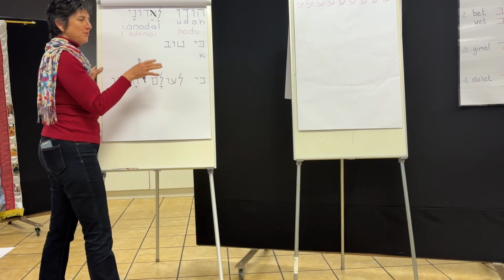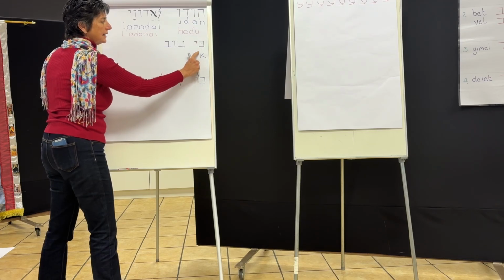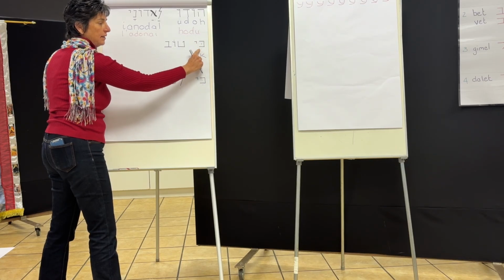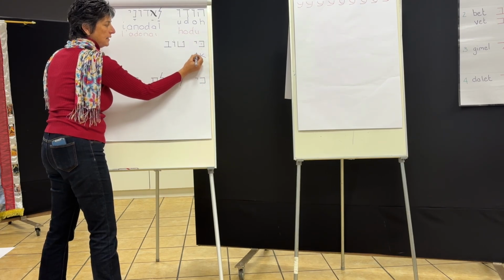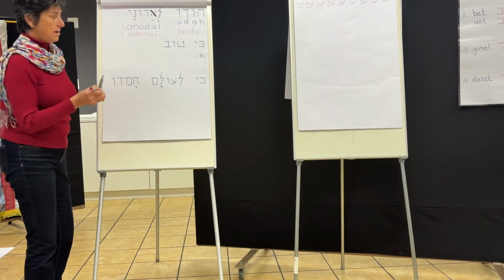Then you'll understand that you'll have some of what we call exceptions. But when the Yud is like that and it's got a dot underneath the letter prior to it, it becomes an I. So that Yud, which is normally a Y, becomes an I when it's like that. So we'll write it as Ki.